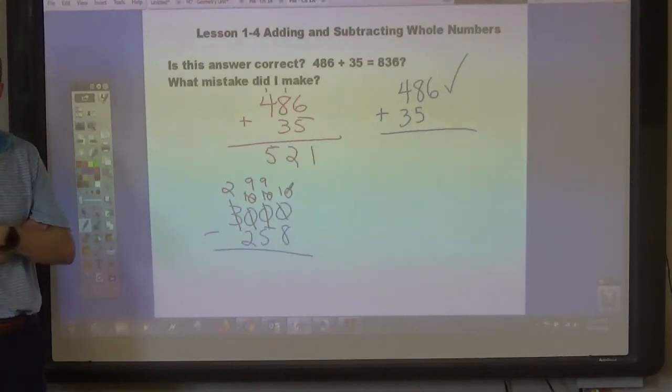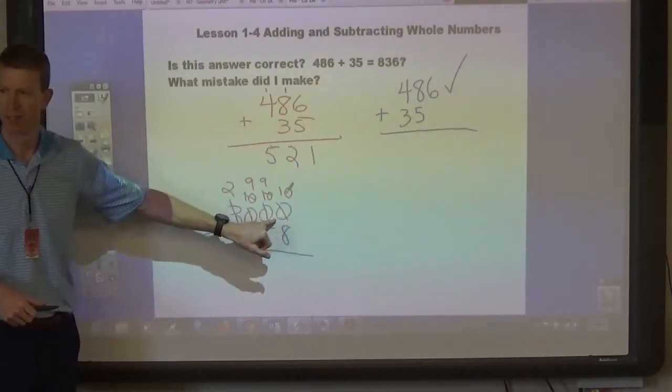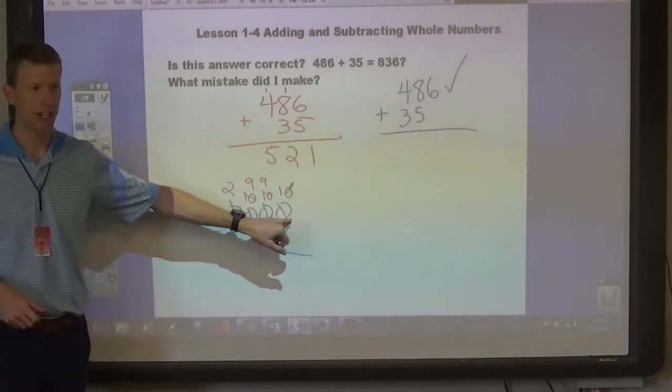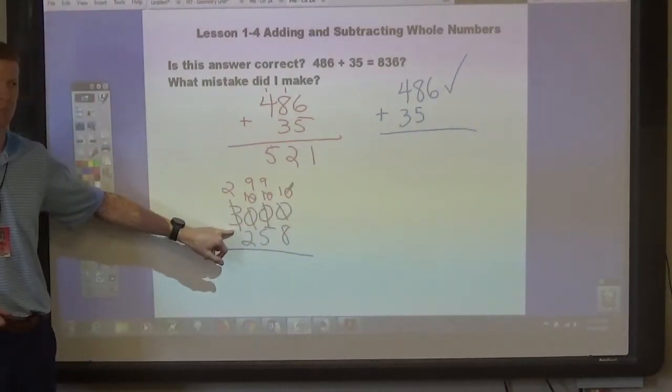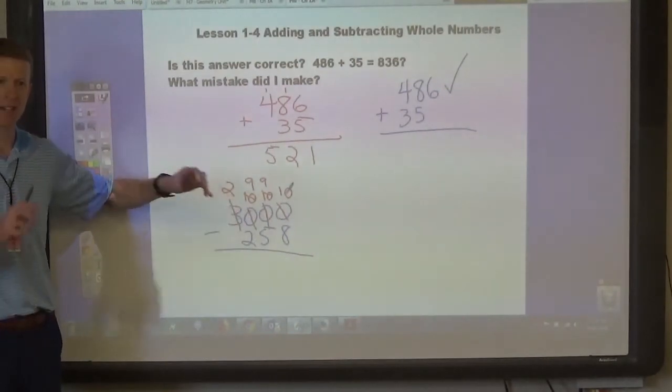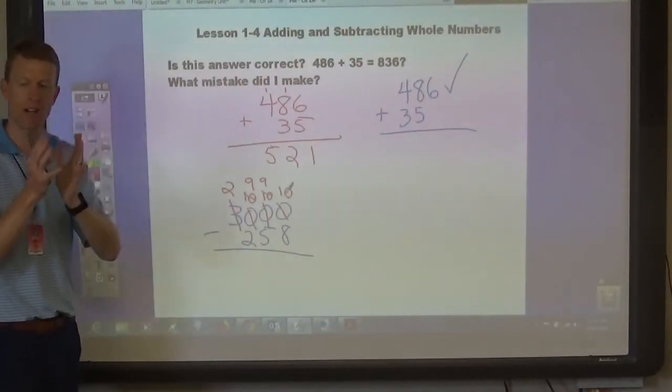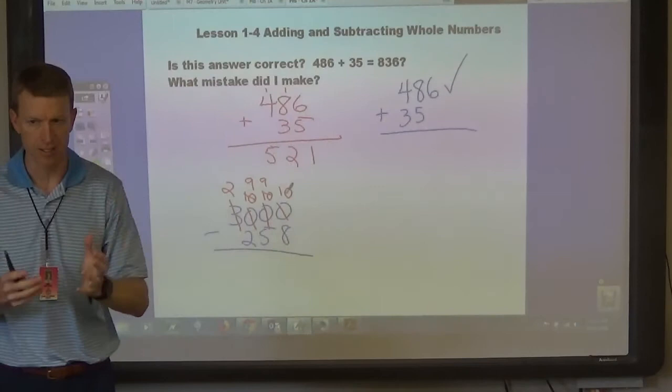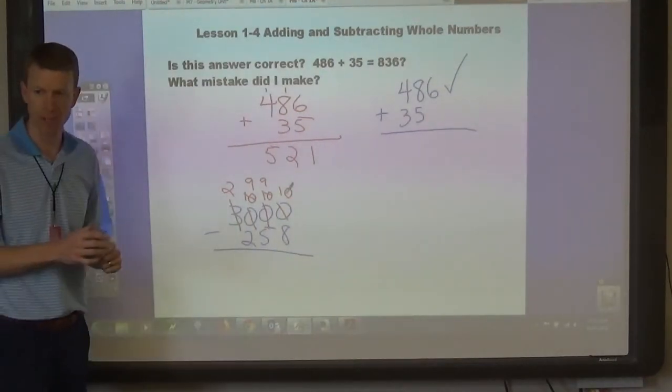Can anyone explain what we've done to this number? Changed it, but is the value the same? Yes, it's still 3,000, but we've just taken the groups of numbers and regrouped it. That's why it's called regrouping.